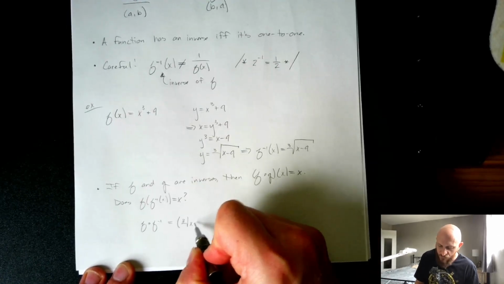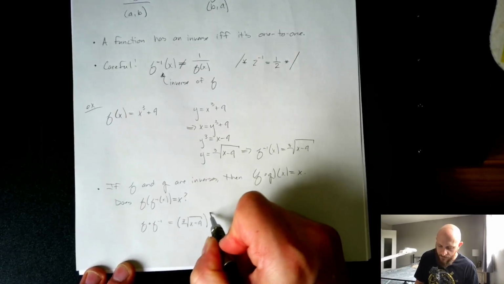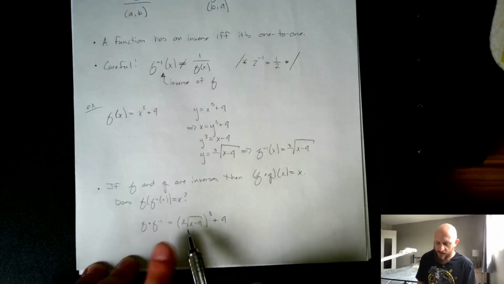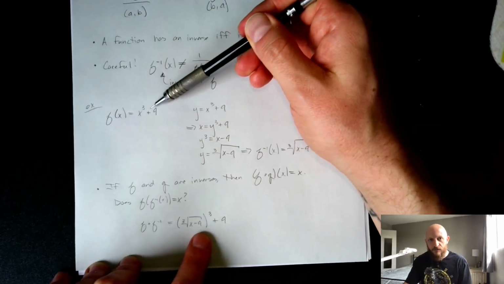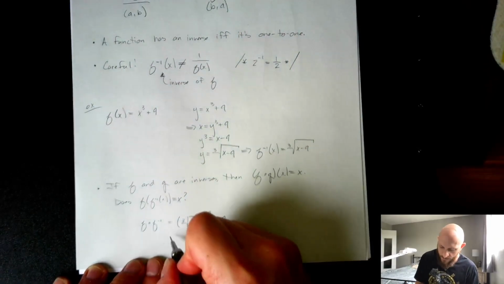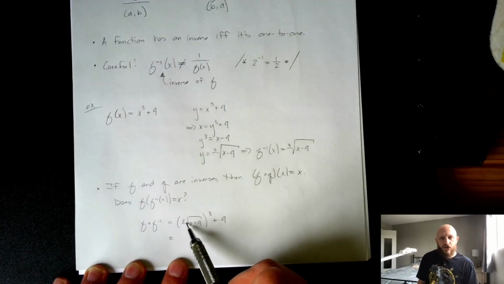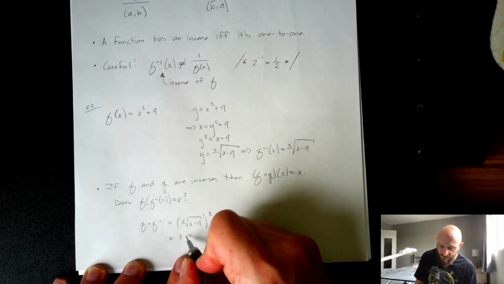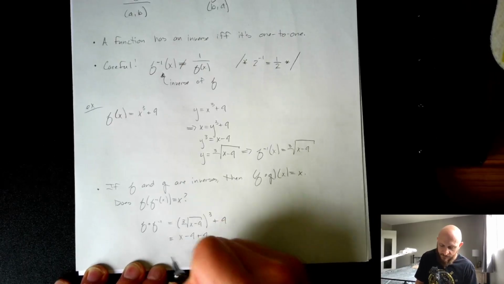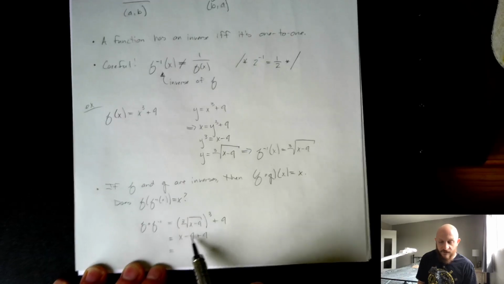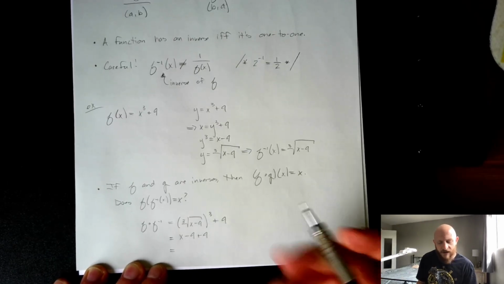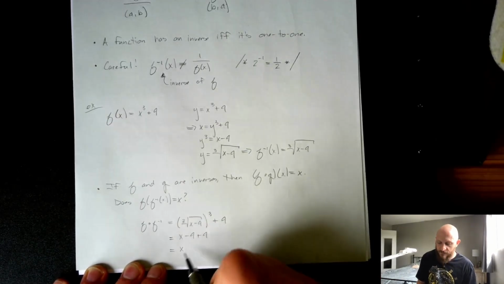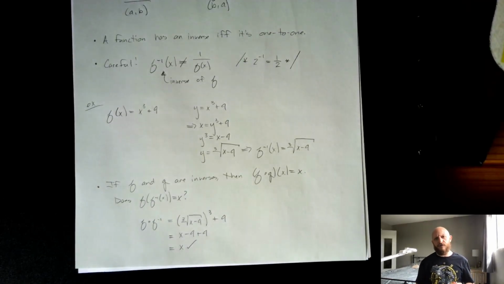So the cube root of x minus 9, cubed, plus 9. This cube root and the cube will cancel each other out, so this just becomes x minus 9 plus 9. The negative 9 and the positive 9 cancel. We just get x. So yeah, f of f inverse equals x, which means, yes, they're inverses of each other.